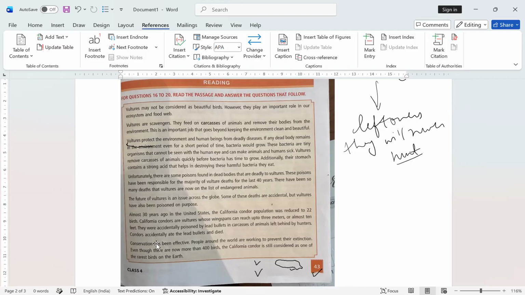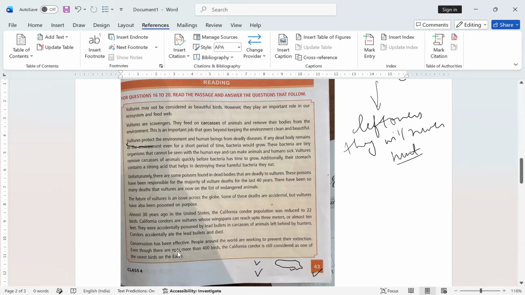And the guns have bullets. And the bullet का material is lead, और वो lead can be poisonous. समझ गए? So that's how accidentally they were poisoned. Condors accidentally ate the lead bullets and died.